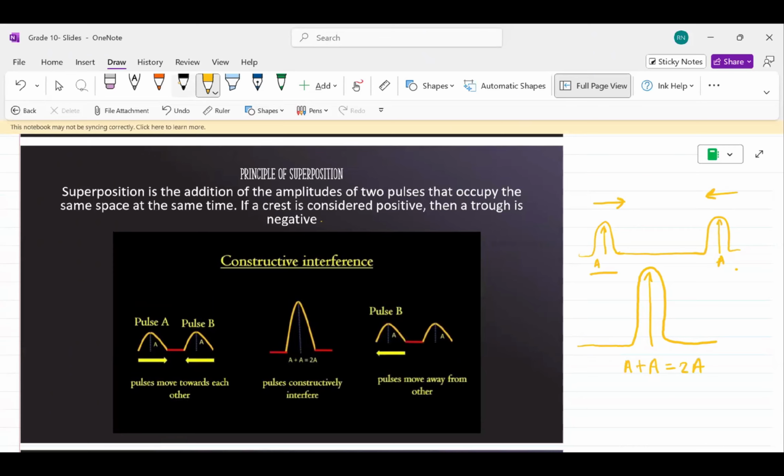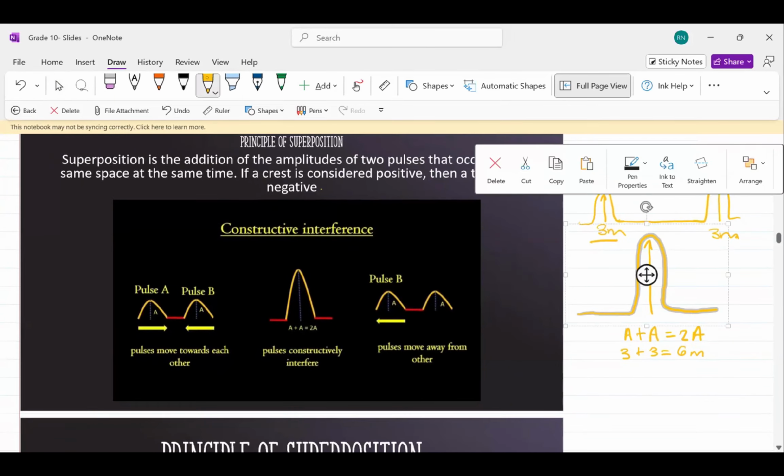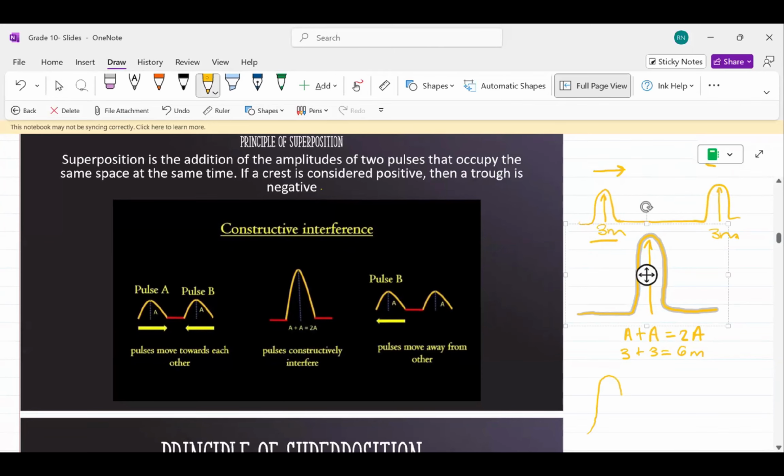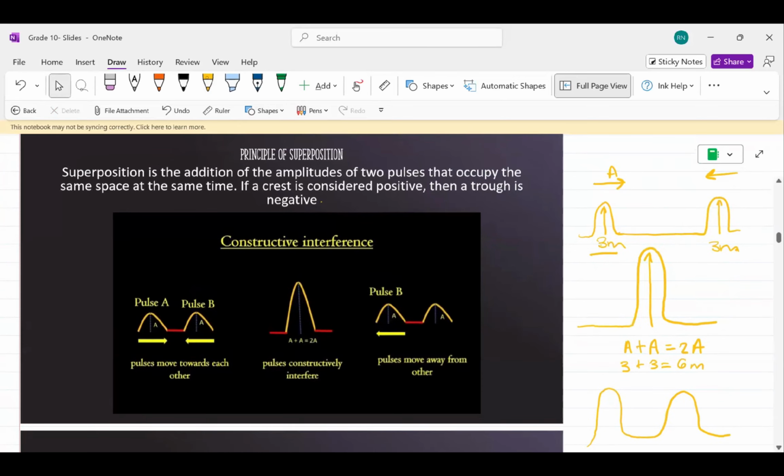So if this amplitude was, let's say, 3 meters, then if we have 3 meters here and 3 meters here, it's going to be 3 plus 3, which is going to be 6 meters. This is how big, how tall it's going to be when they collide. And then after that, they will continue to move in the direction that they were moving in before, right? So we know that pulse A was moving to the right and pulse B was moving to the left, right?